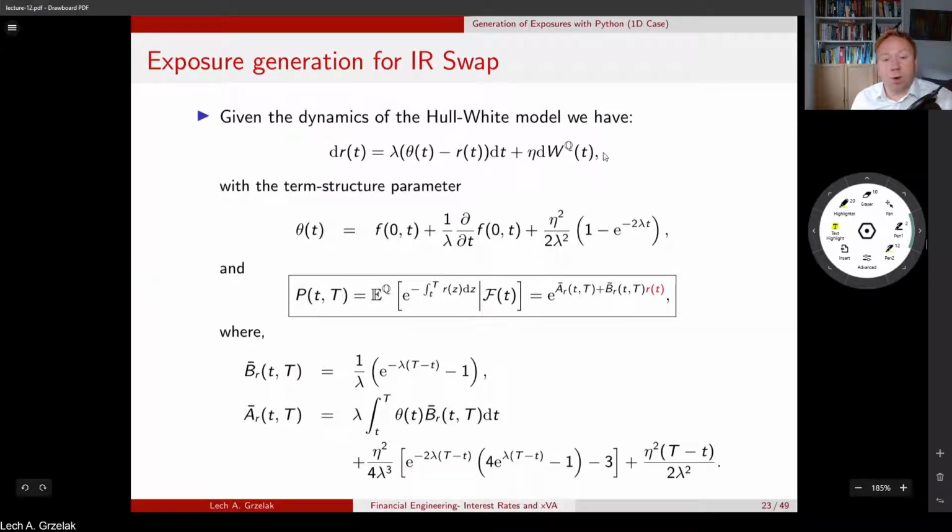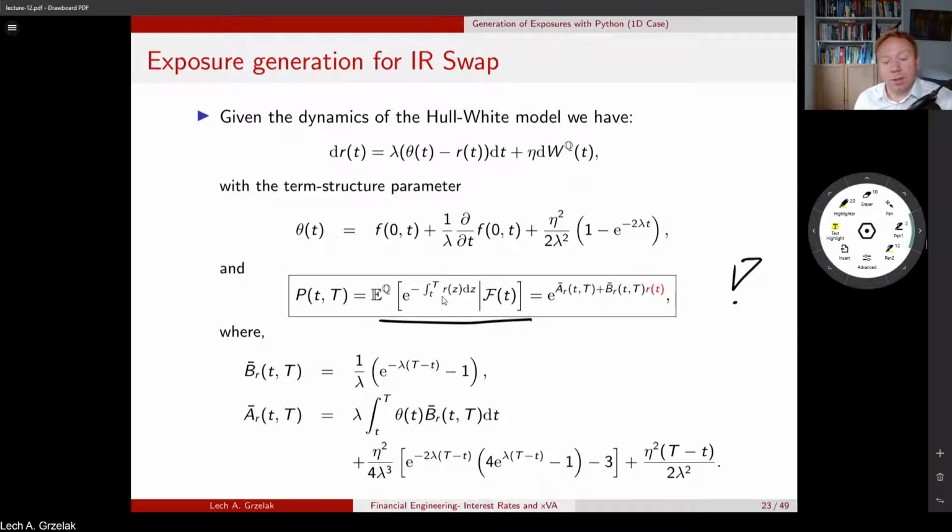What is important, and why people often choose Hull-White, is this feature, which is extremely important. It means that, first of all, our swap can be expressed in terms of a sequence of zero coupon bonds. To evaluate each of those zero coupon bonds, we have to calculate this expectation.